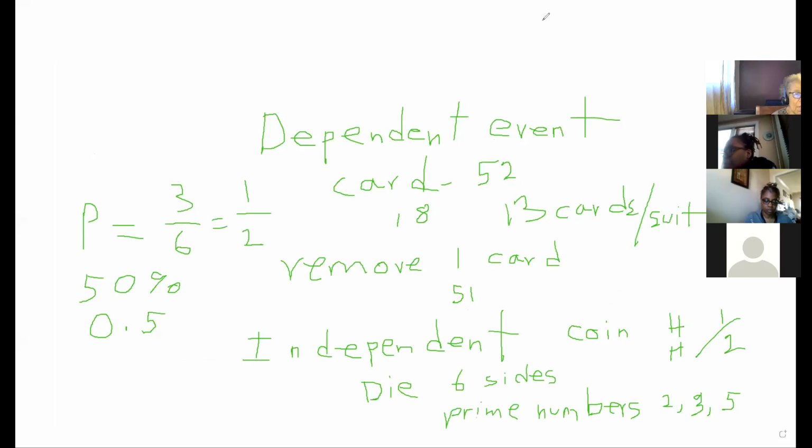Okay, and we'll clear this. A spinner is, and let's just draw a circle here. It's like a circle, and you have numbers around it, like 1, 2, 3, 4, 5, 6, 7, 8, right?